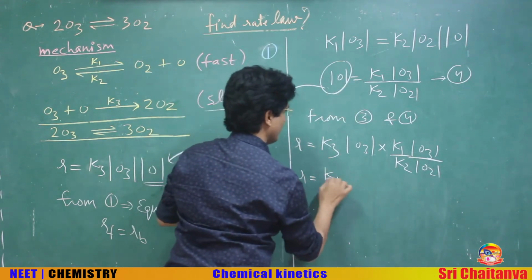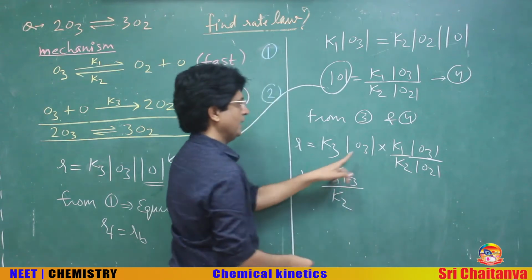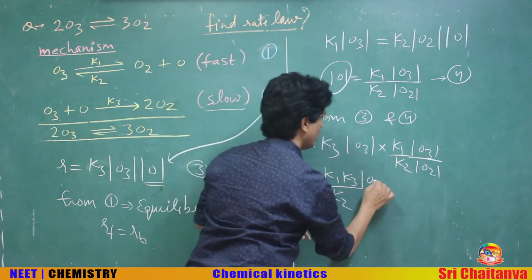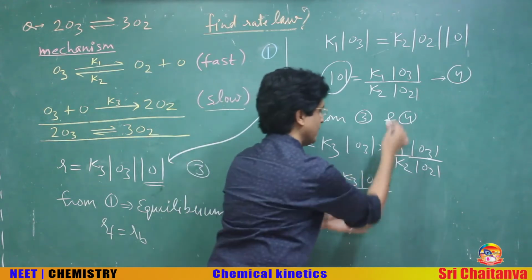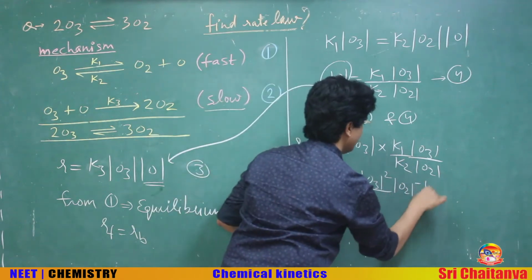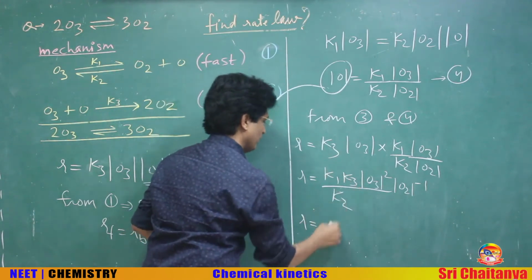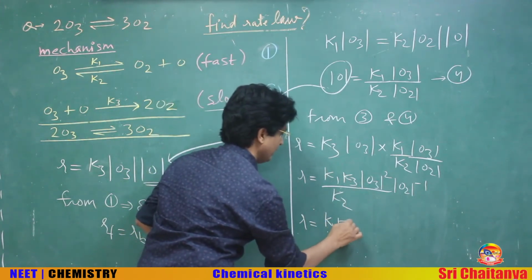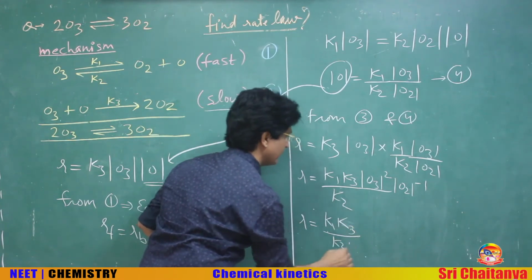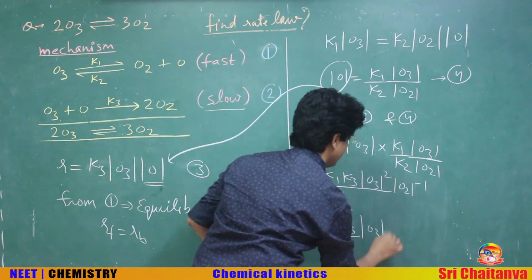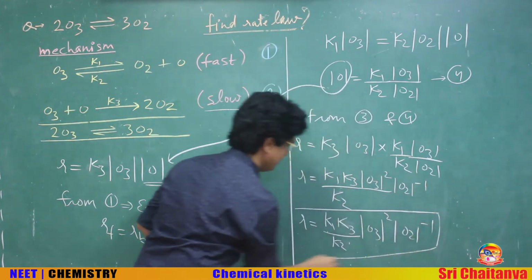This will be K1 K3 upon K2 into O3 whole square, divided by O2. So I can take it up and make it O2 inverse. So I can write that this will be K1 K3 upon K2 into O3 whole square and O2 inverse. So this is the final rate law.